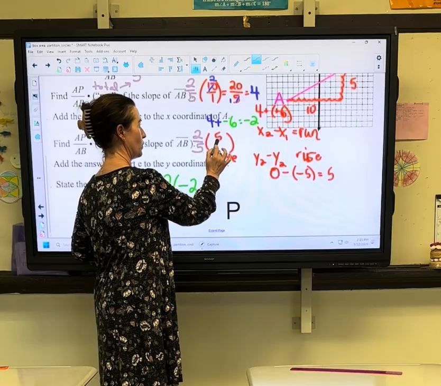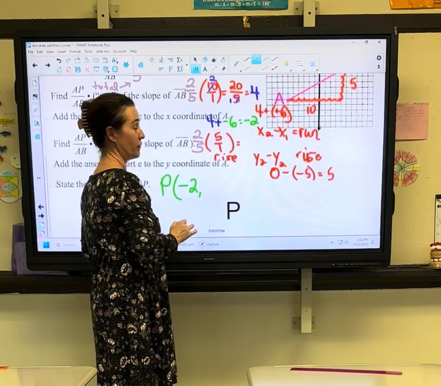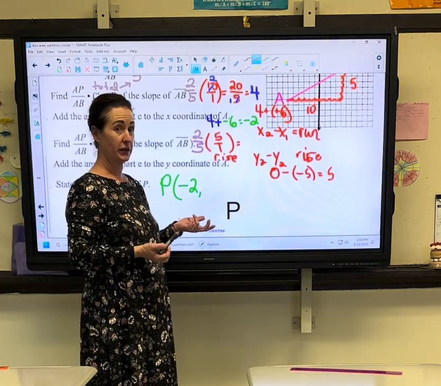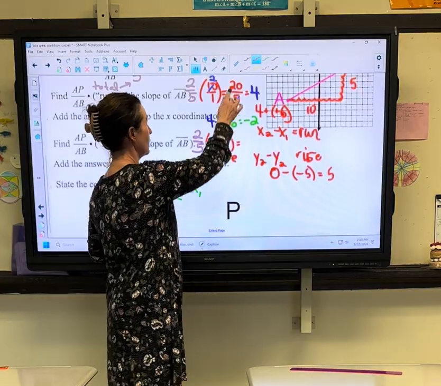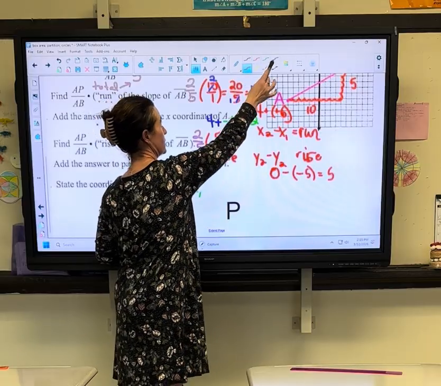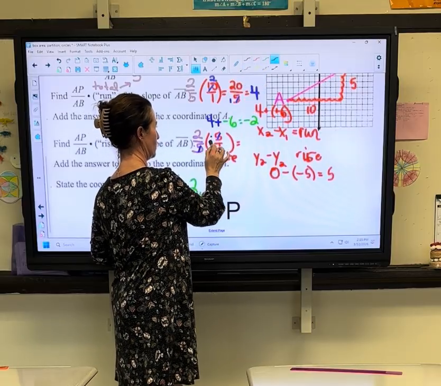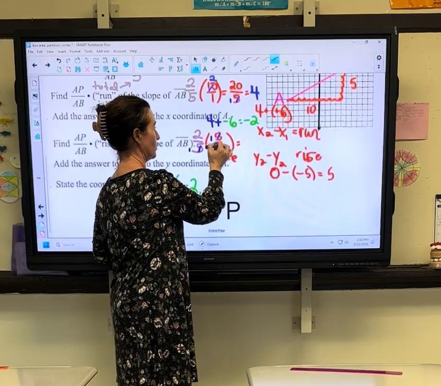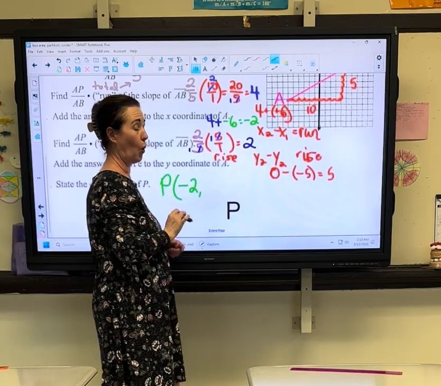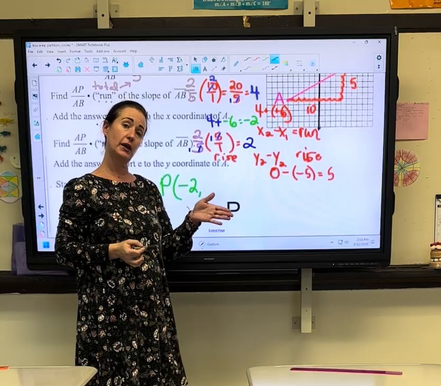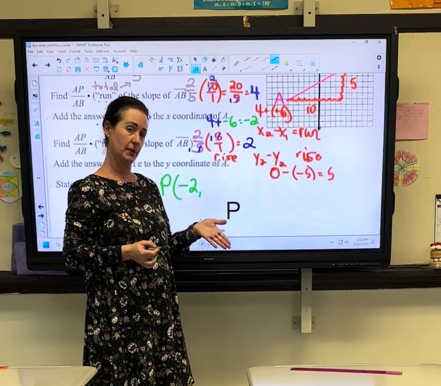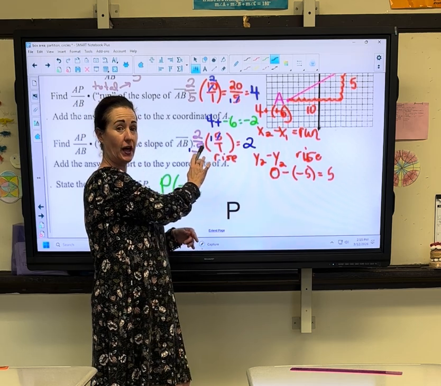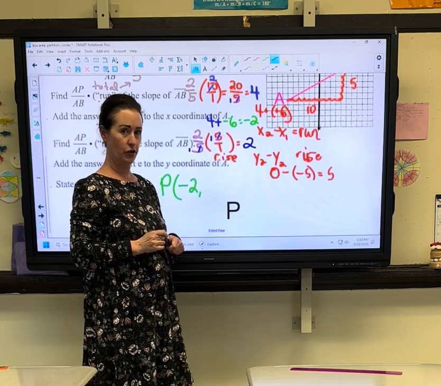If you want, put the 5 over 1 to make your life easier and avoid a fraction mistake. If you use my strategy of simplifying first, 5 divided by 5 is 1, multiply across, and that's 2 over 1, which is 2. Or you can multiply your numerators and denominators: 10 over 5, which still reduces to 2.